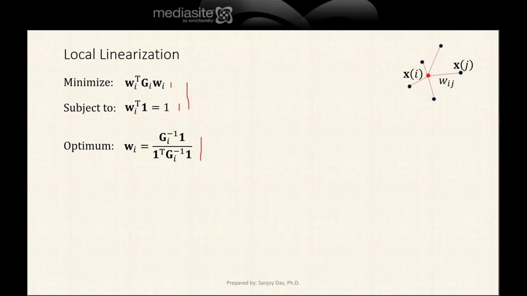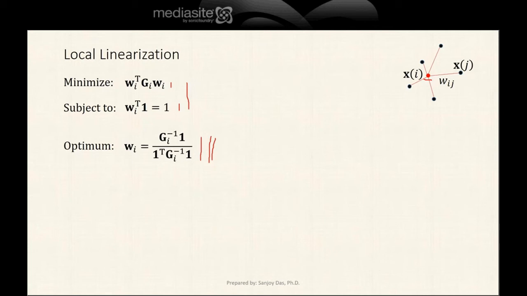And so this is the expression for Wi: Wi equals Gi inverse 1 divided by 1 transpose Gi inverse 1. And I have to apply this operation for every point xi. And then I get my wi's.